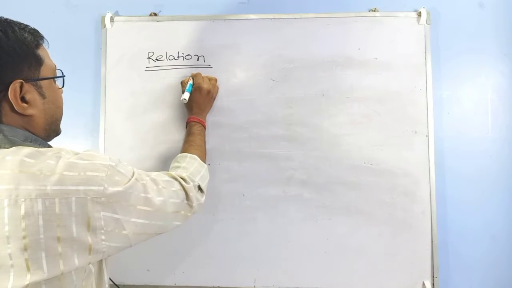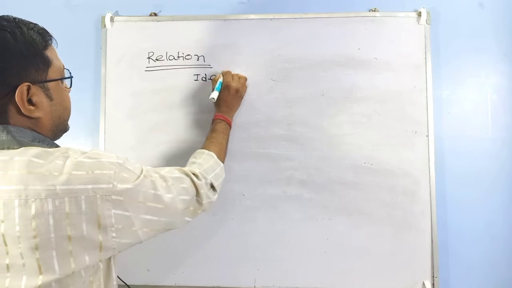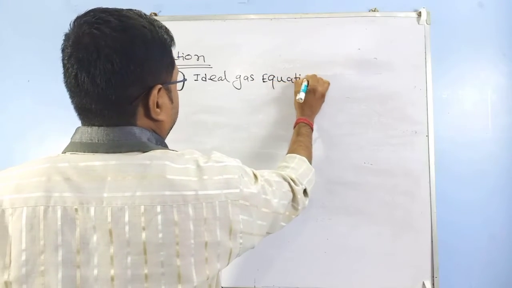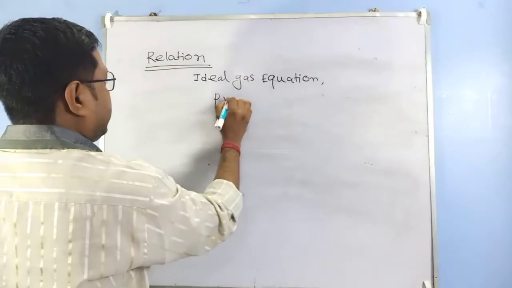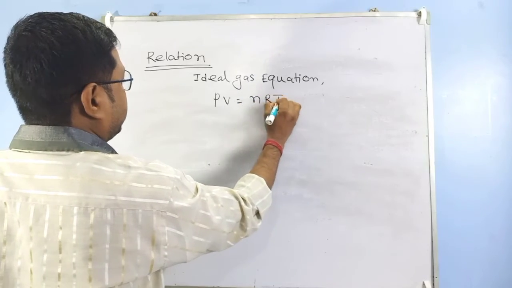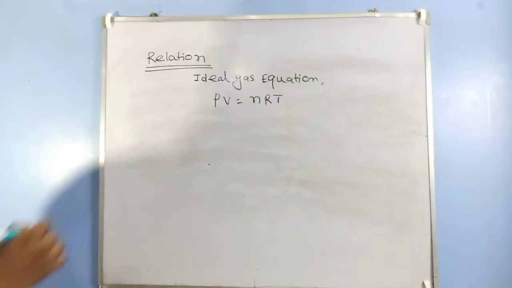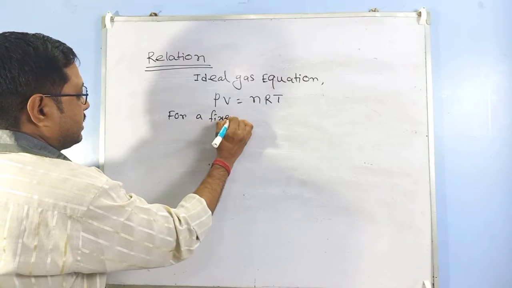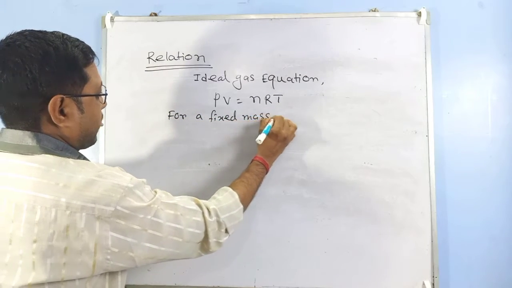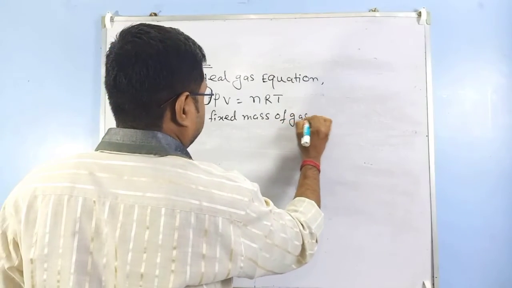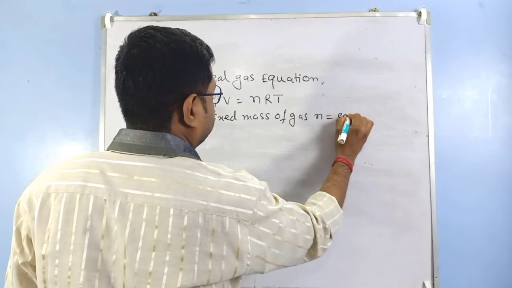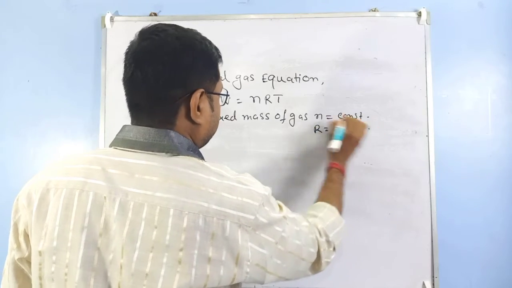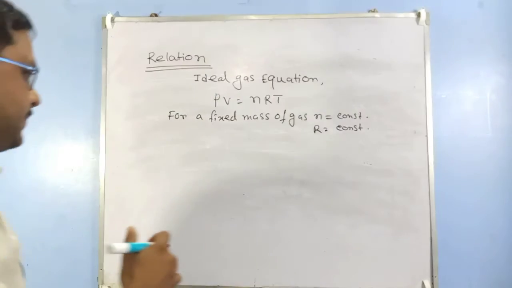We know that the ideal gas equation is PV equals nRT. Now, for a fixed mass of gas, n is constant, and R is constant as it is the universal constant, known as the universal gas constant.